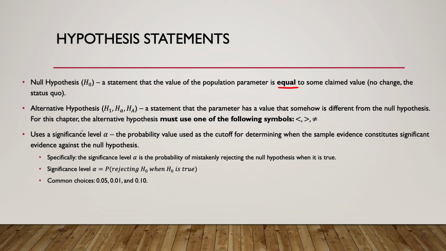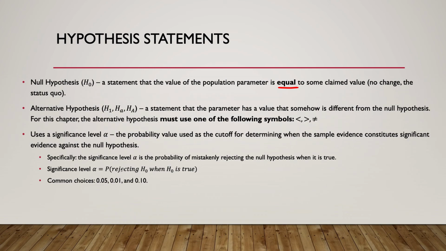It uses a significance level of alpha, the probability value used as the cutoff for determining when the sample evidence constitutes significant evidence against the null hypothesis. Specifically, the significance level alpha is the probability of mistakenly rejecting the null hypothesis when it is indeed true.